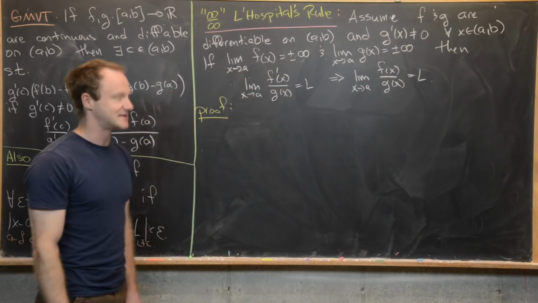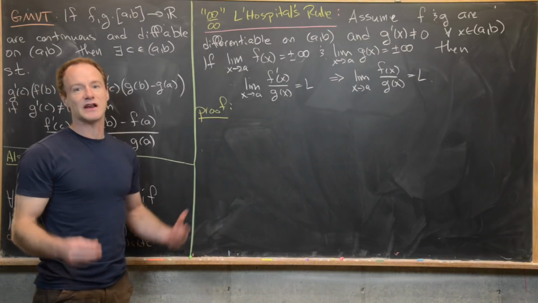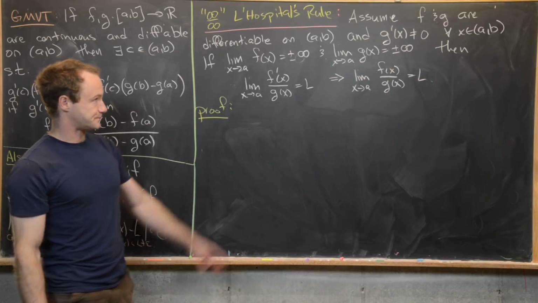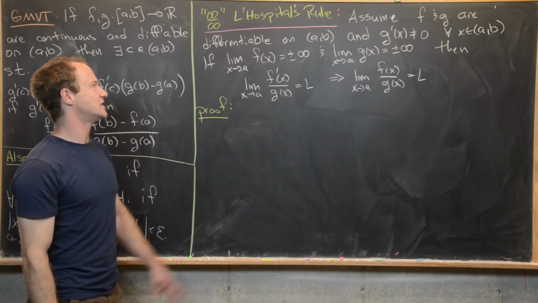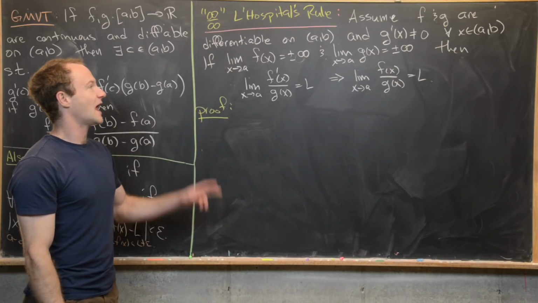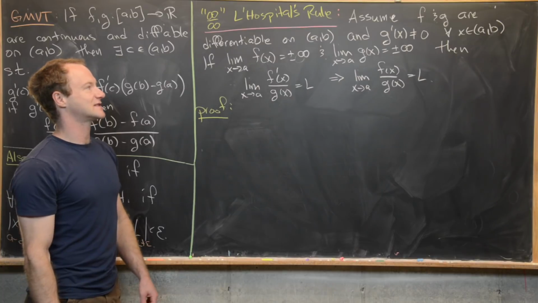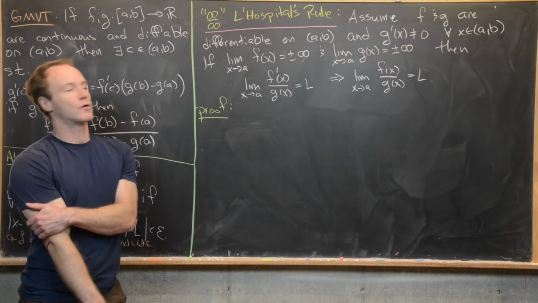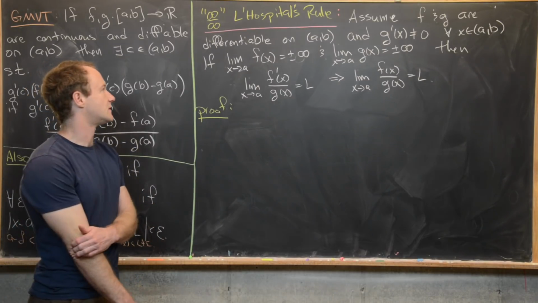Okay, so let's look at the statement of our infinity over infinity L'Hopital's rule. We want to assume that f and g are differentiable on the open interval a, b, and g prime of x is not equal to 0 for all x on that open interval.